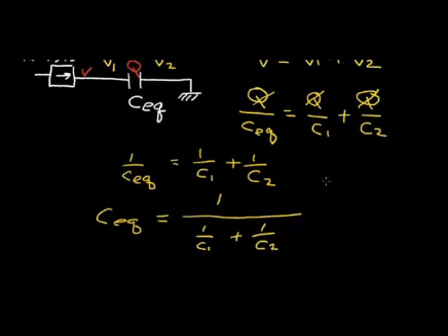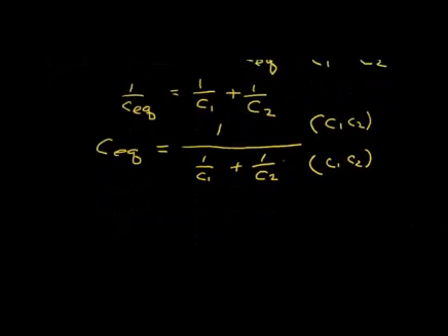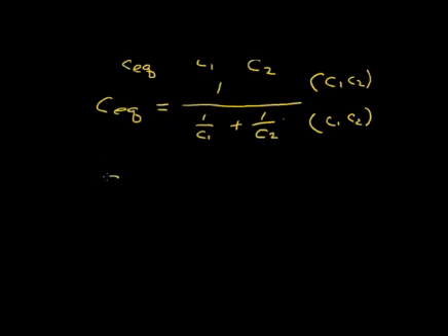Now I can multiply the numerator and the denominator by the same value, and it won't change the equation. So let's multiply the numerator by C1 times C2, and do the same thing for the denominator, C1 times C2, and I get C equivalent is equal to C1 times C2.